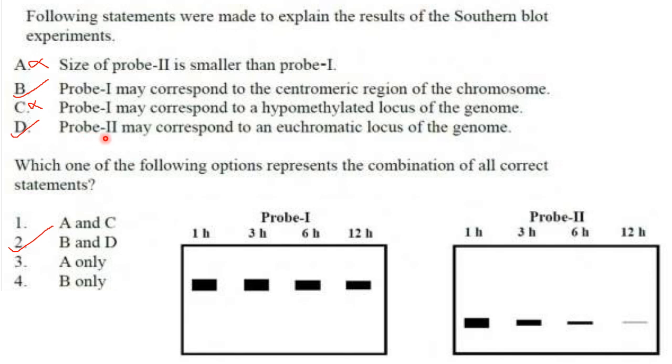Then next one. Probe 2 may correspond to a euchromatic locus of the genome. Here probe 2 if you see, I already told that degree of digestion increases as time increases. At the 12th hour the intensity of band is very less. This is because it is less condensed region of the chromatin corresponding to the euchromatin region.